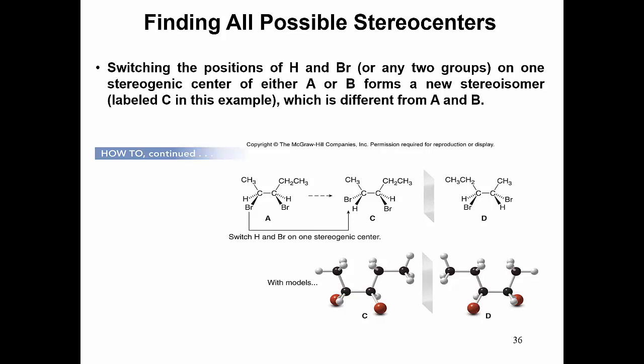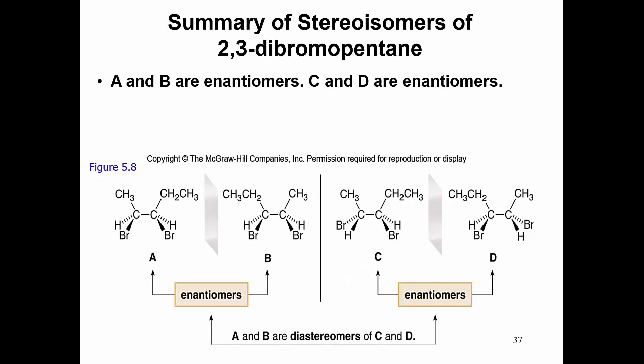Let's take a look at the mirror image. We create C, and then we create its mirror image, and if you have your models, you're going to find that C and D are not identical. They're non-superimposable mirror images.